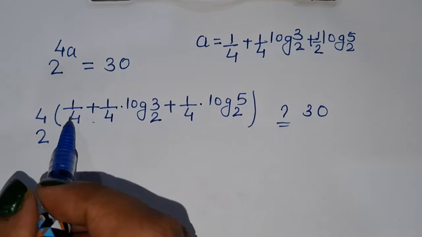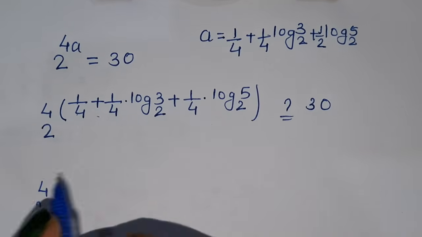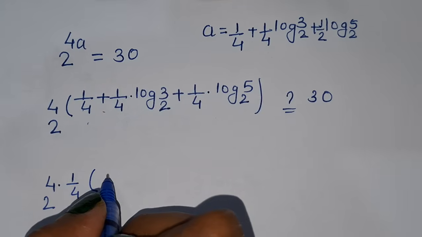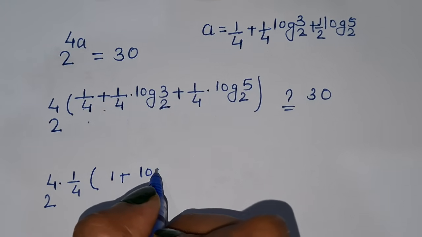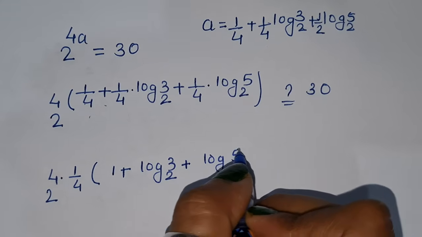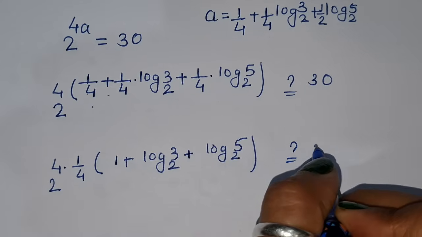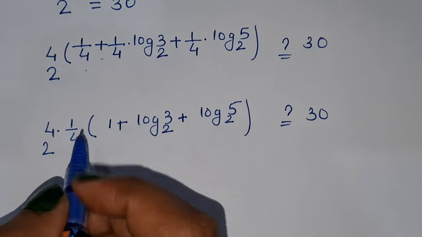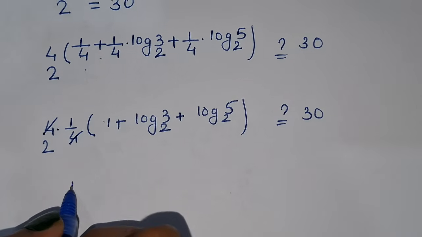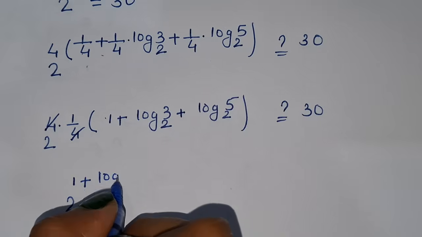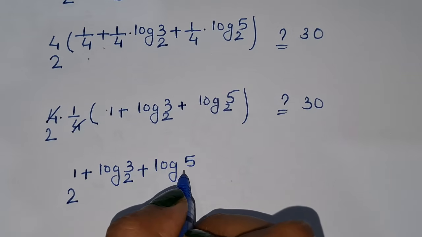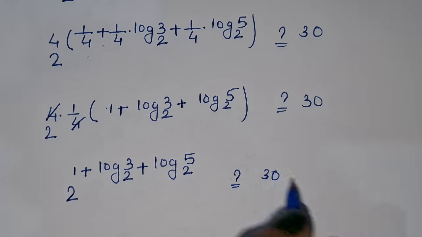So here we can take 1 upon 4 common: 1 plus log of 3 to the base 2 plus log of 5 to the base 2, question mark 30. Now here 4 and here 1 upon 4, so we can cancel this term. So we get 2 power 1 plus log of 3 to the base 2 plus log of 5 to the base 2, question mark 30.